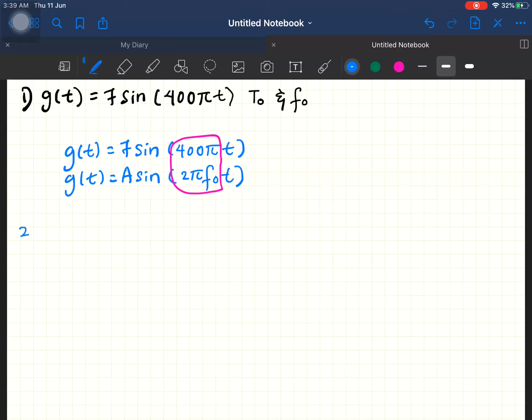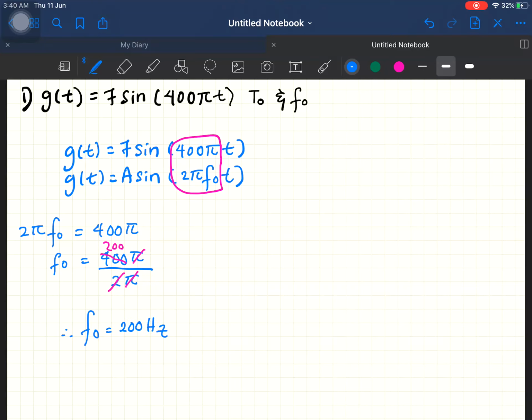So you can write 2 pi f naught equals 400 pi. Rearranging, you get 400 pi over 2 pi. The pi cancels, and it becomes 200. So the fundamental cyclic frequency for this equation is 200 Hertz.